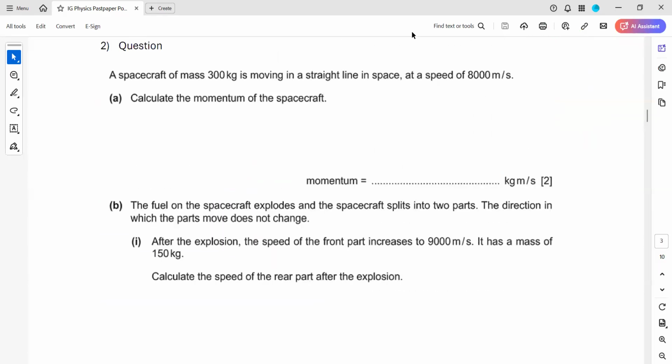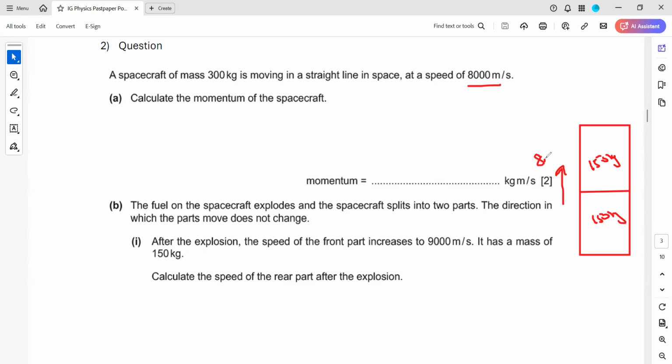No, we can identify. See, when the rocket was one piece, the front and the rear part, it was intact. The front part is having a mass of 150 kg and the rear part is also having a mass of 150 kg. The total mass of the spacecraft is 300. And what speed was it moving? 8,000 meters per second.